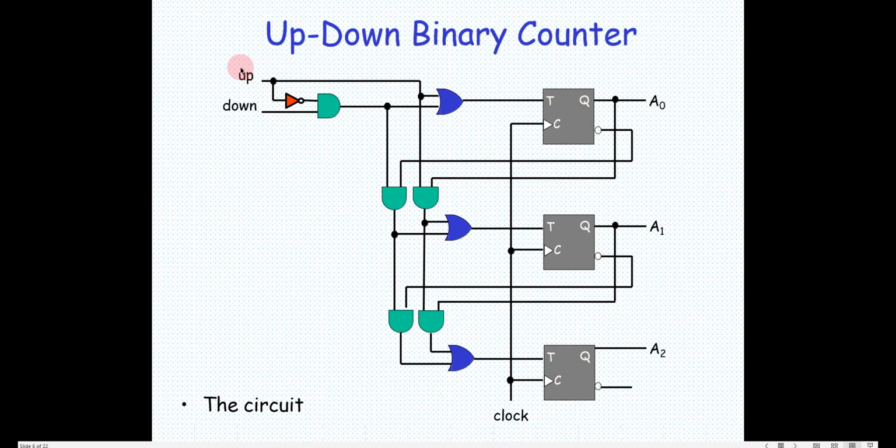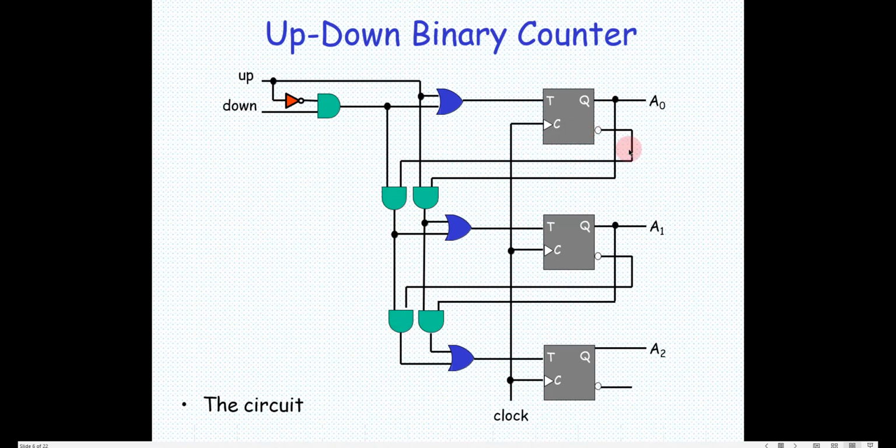Now in case I give up equal to 0 and down equal to 1, what happens is you will see here this gate will be enabled now. Down is 1, so up is 0, so I'll get 1 here. In the first stage it is not going to make any difference. You are giving T, so it will toggle with every clock. Clock is given to all of these in parallel. Now these two AND gates which were being driven by the up signal will get disabled, and these two AND gates which are being driven by the down signal will get activated.